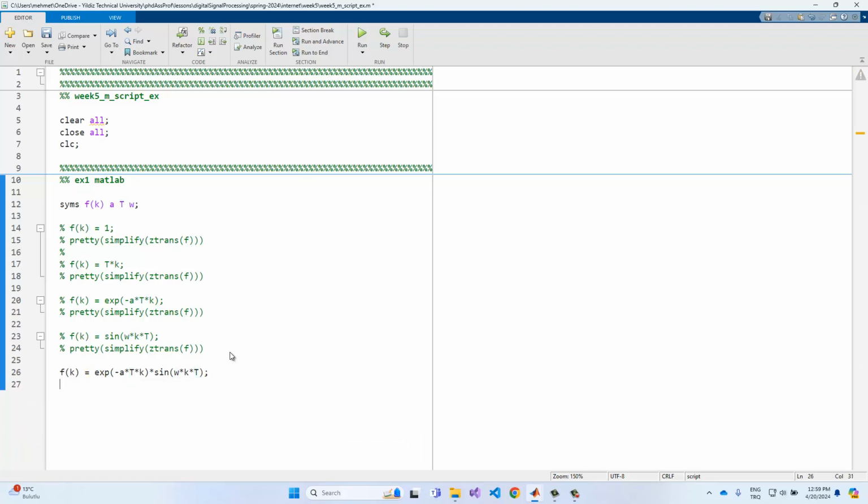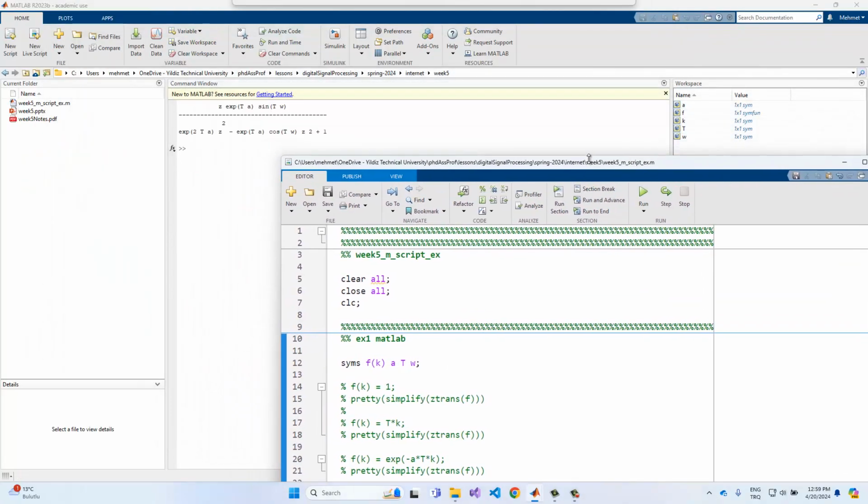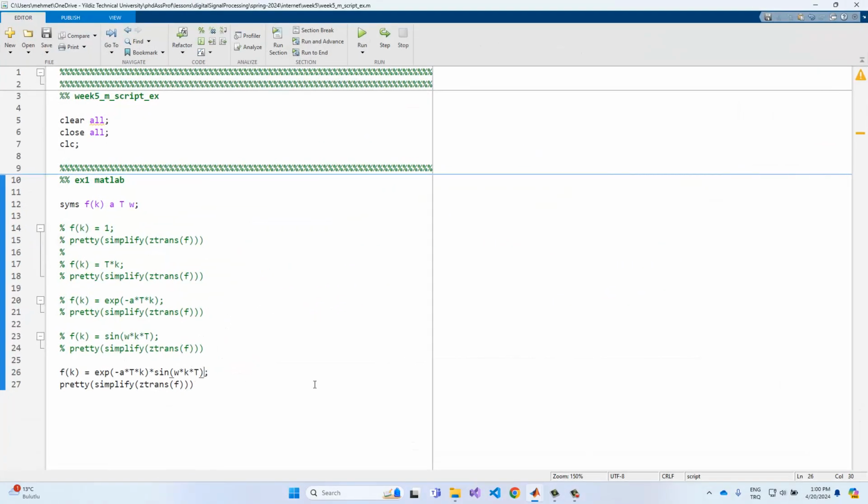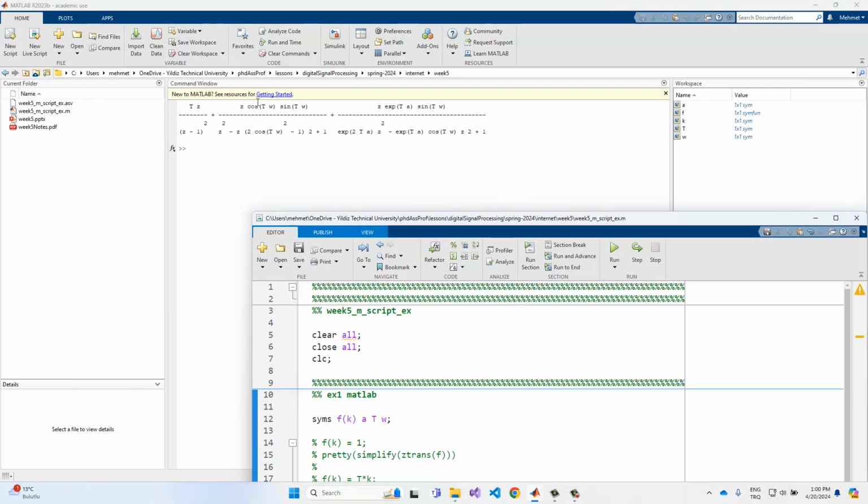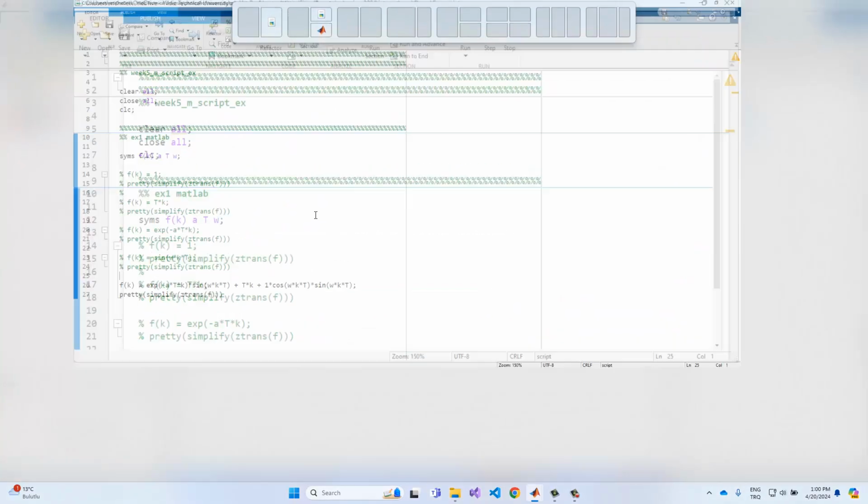We can use it, and also we can copy these things to get the Z transform of these terms, or we can use T times (k plus 1) times cosine of w k T times sine of w k T. We can use this transformation, and this will return our results in the Z transformation domain.